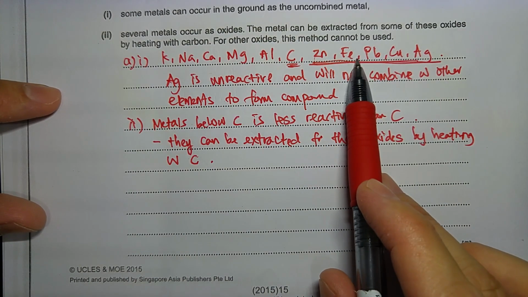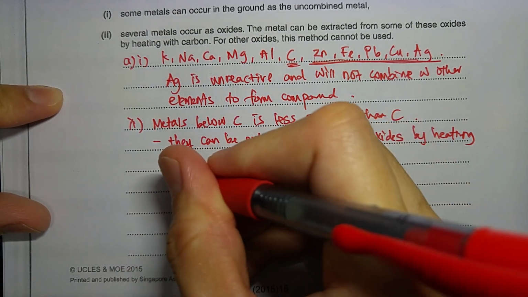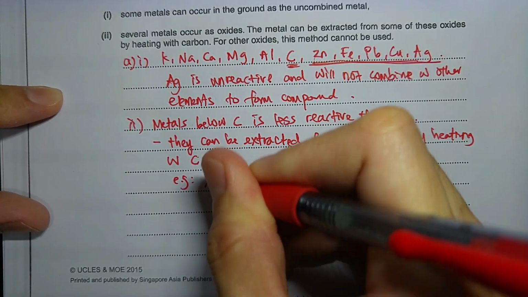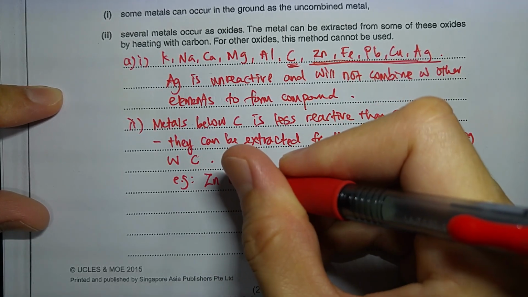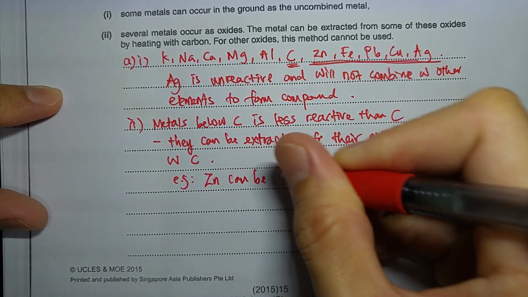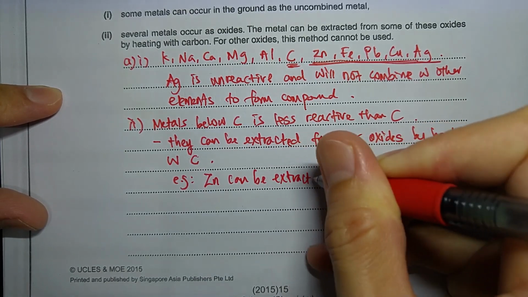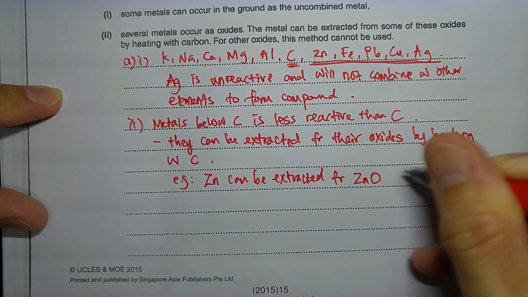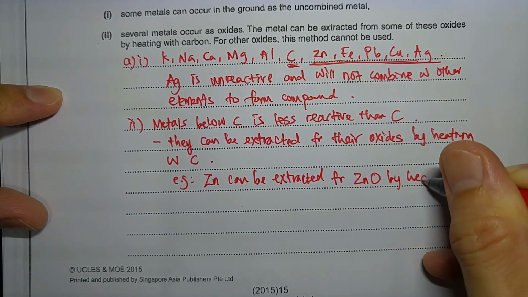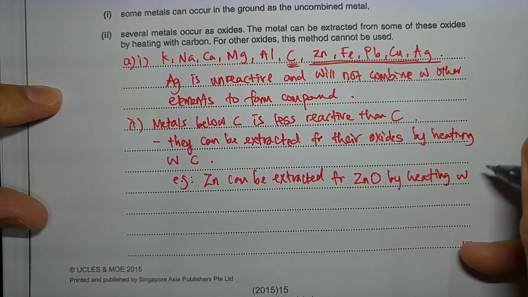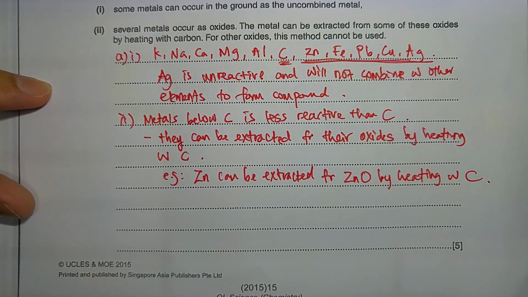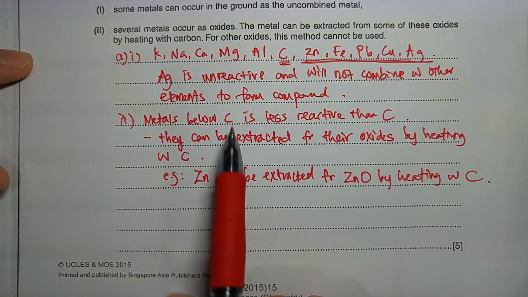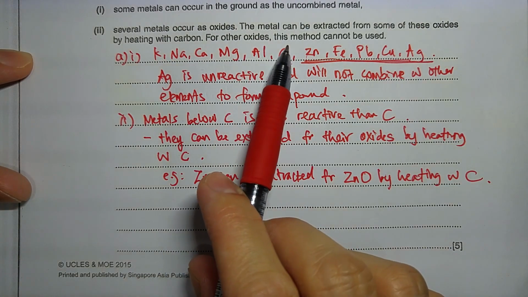Zinc, iron. So an example is zinc can be extracted from zinc oxide by heating with carbon. Then you do the same for other oxides.